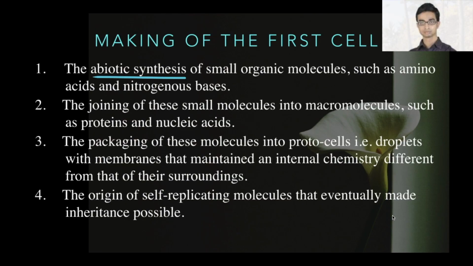Second, the joining of these small molecules into macromolecules, such as proteins and nucleic acids. Third, the packaging of these molecules into protocells, that is, droplets with membranes that maintain an internal chemistry different from that of their surroundings. And fourth, the origin of self-replicating molecules that eventually make inheritance possible.